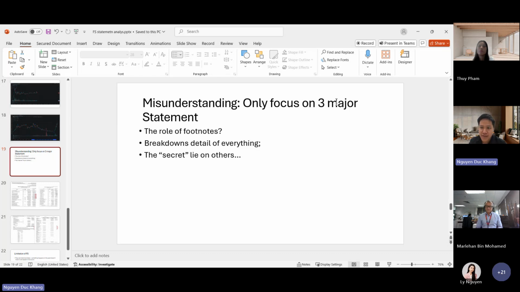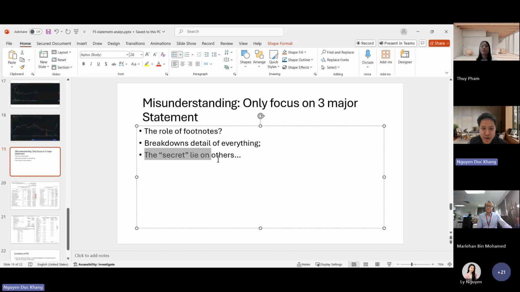Most people only look at the 3 and don't read the rest, and it's going to be a big mistake, because a very important part of the financial statement is the footnotes. The footnotes can bring us much more detail about everything in the financial statement, including the breakdown details.